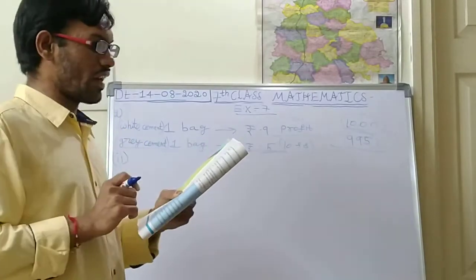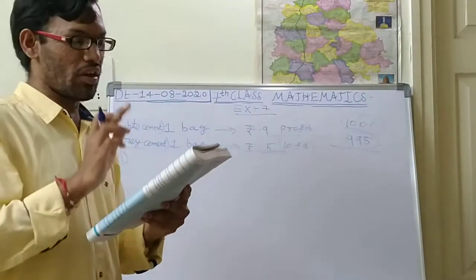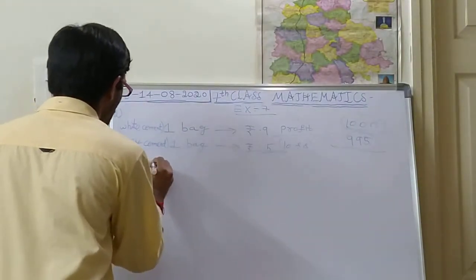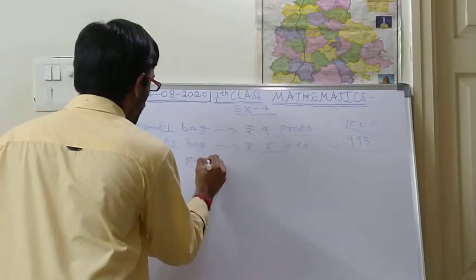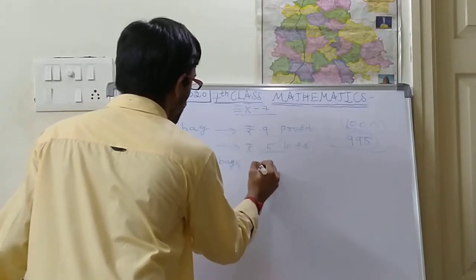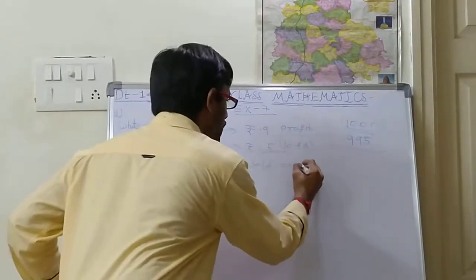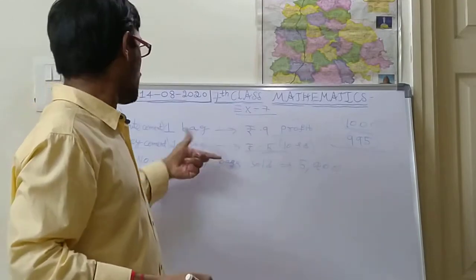So here clearly he said the number of grey bags sold is 5,400. First we shall see that one. Number of grey bags sold. So how many grey bags sold? 5,400. Okay. So for the grey bags they are getting loss.